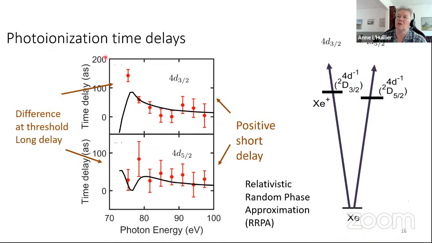Actually, what this represents, this is a very, very good question. What is represented here is the difference between the time delay that we measured in xenon 4D with the time delay in neon on the external shell, which is approximately 0. The TICC compensates each other, and the Wigner time delay for neon is 0. So this is the time delay for the 4D shell in xenon.